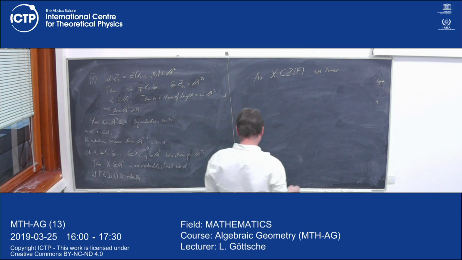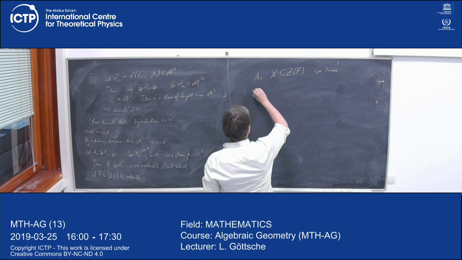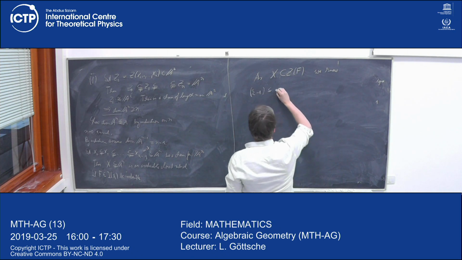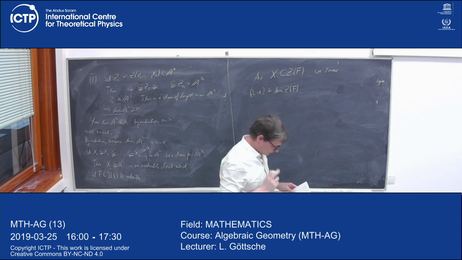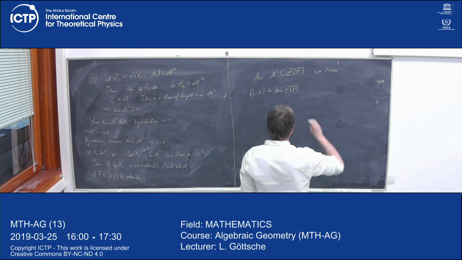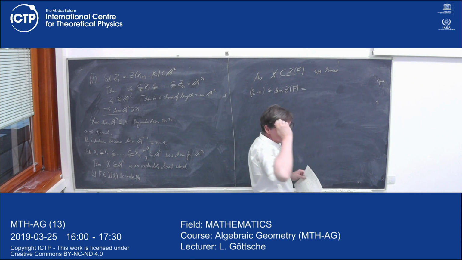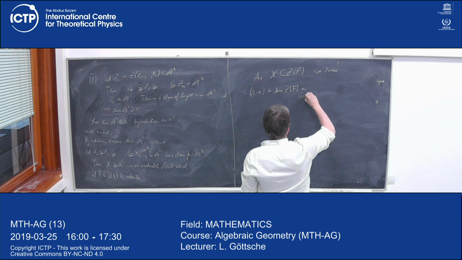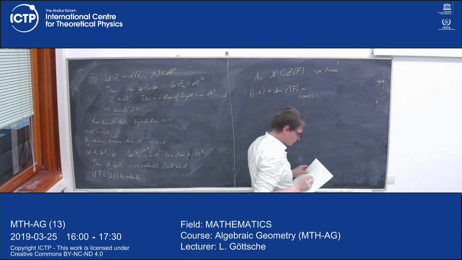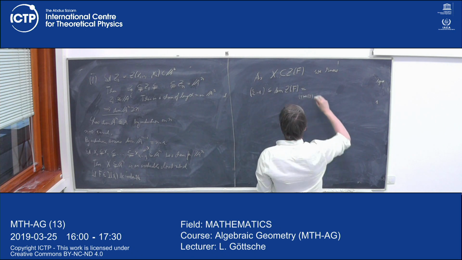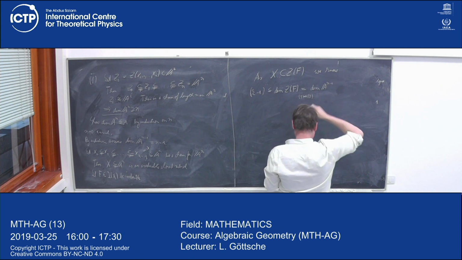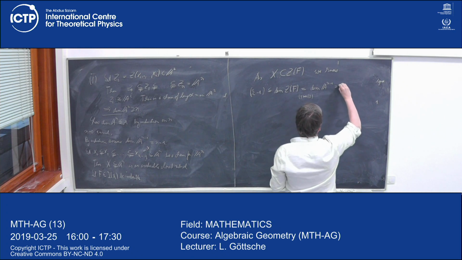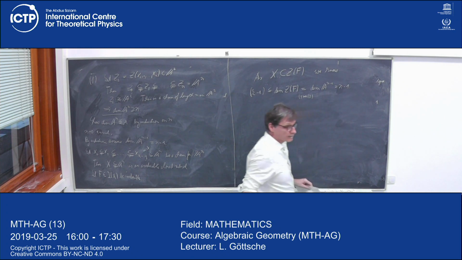So we find that k minus 1 is smaller or equal to the dimension of Z(f), which by this part that we had called 1 to 2 was equal to the dimension of A^(n-1), which we know by induction to be n minus 1.